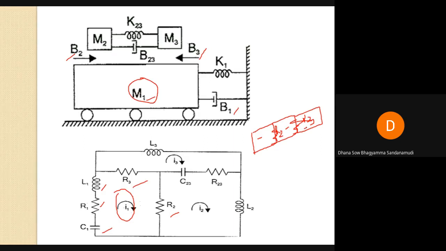But in this given system, R3 is not common to 2 and 3, it is common to 1 and 3. That you must keep in your mind.